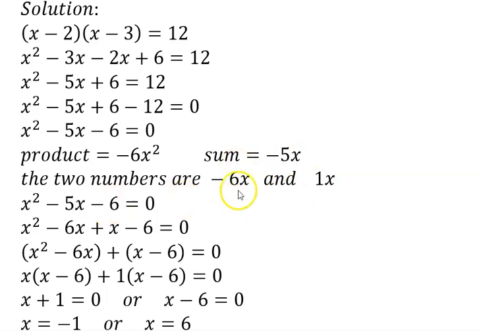So what we'll just do is to impute these two numbers into our equation. This is our equation: x squared minus 5x minus 6 equals 0. So in between here, instead of our minus 5x, we just impute minus 6x plus 1x, or plus x as the case may be. So we have x squared minus 6x plus x minus 6 equals 0.